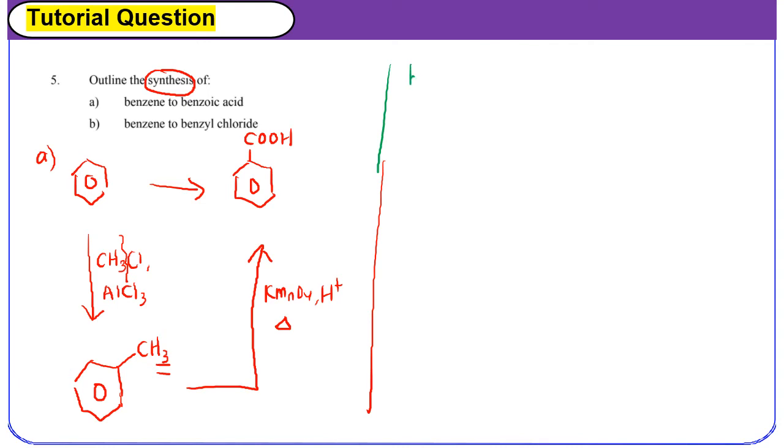Another one is benzene to benzyl chloride. From the naming we learned in the previous video, benzyl is a benzene ring with CH2, and chloride is the Cl.